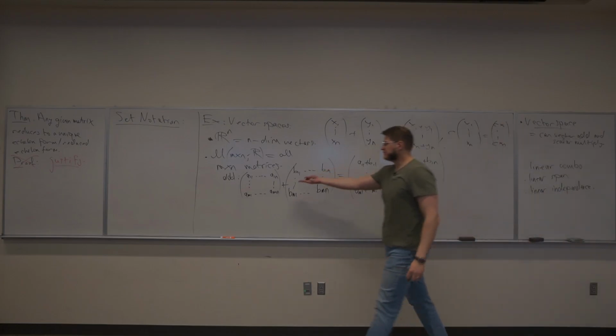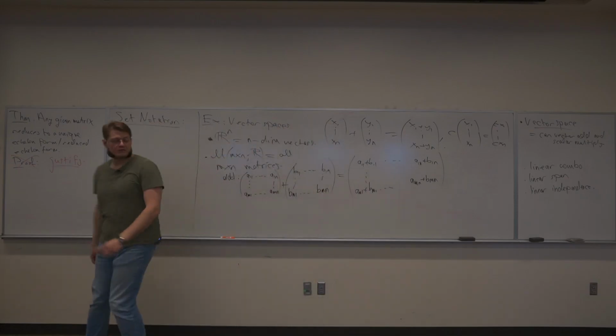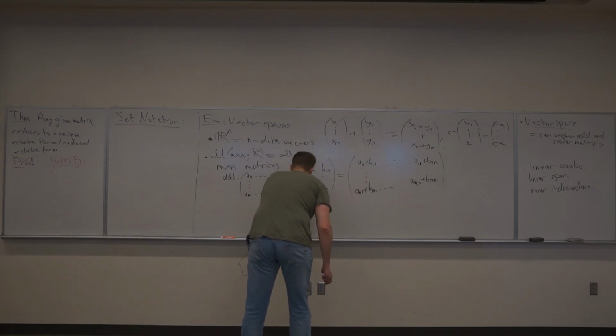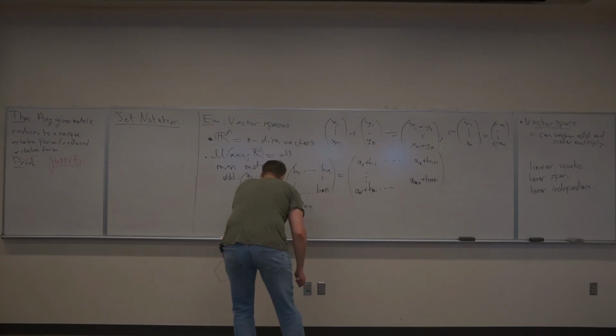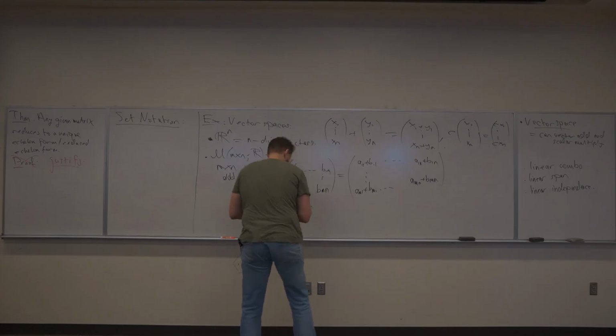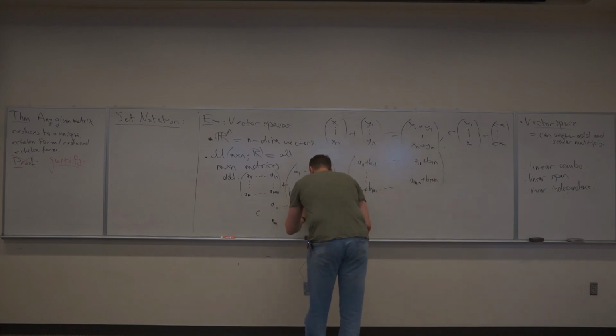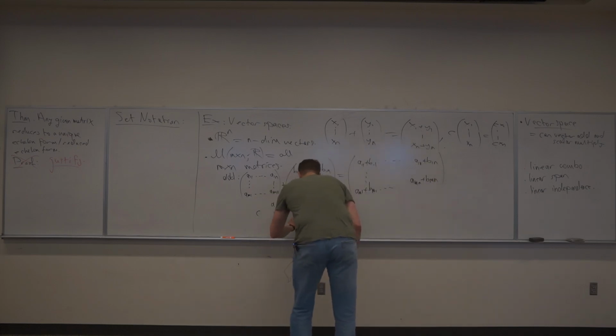How do you do this with matrices? You again do the same thing. Distribute over all entries. Oh, that should be a1n. am1 dot dot dot amn.